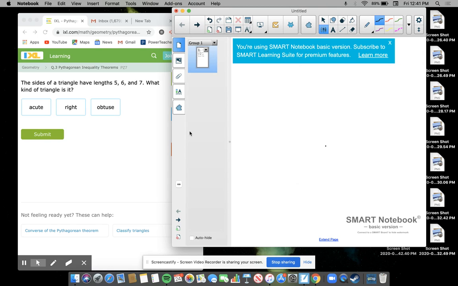All right, 5, 6, and 7. Not a Pythagorean triple, so my initial guess is these are not a right triangle. So 25, I'm just going to skip the right in the first step. So what I get is 25 plus 36 equals 49. I just went ahead and squared each of those values already, just cutting my work down a little bit.